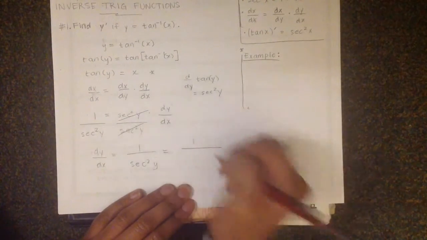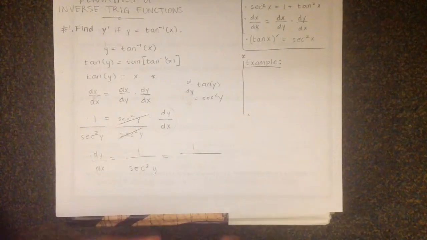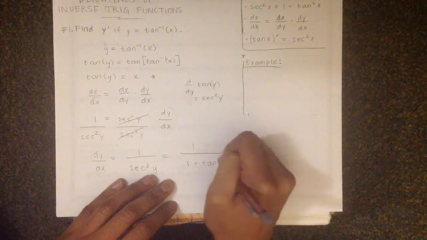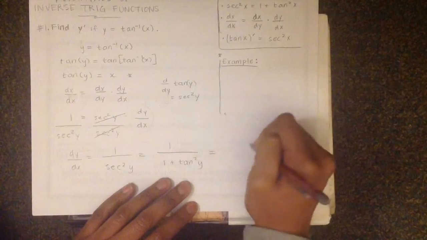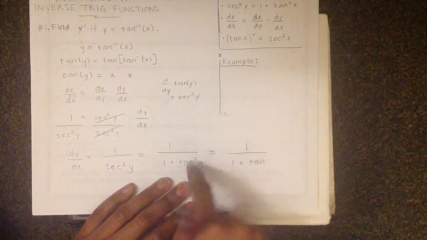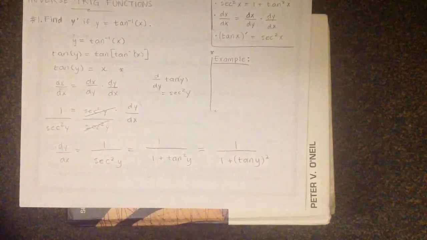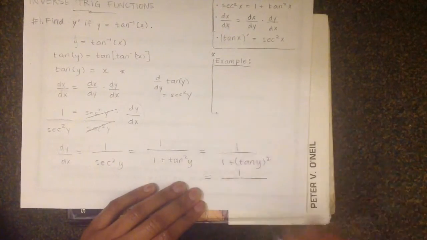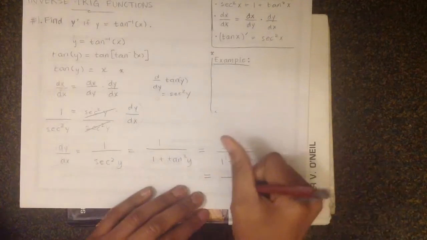So if you recall from your trig identities, secant squared y is equal to 1 plus tangent squared of y. So instead of writing it this way, we're going to write it this way, and I'm going to show you how I get what I put down next.